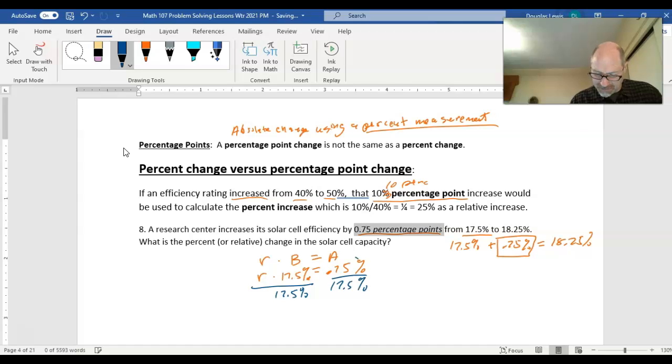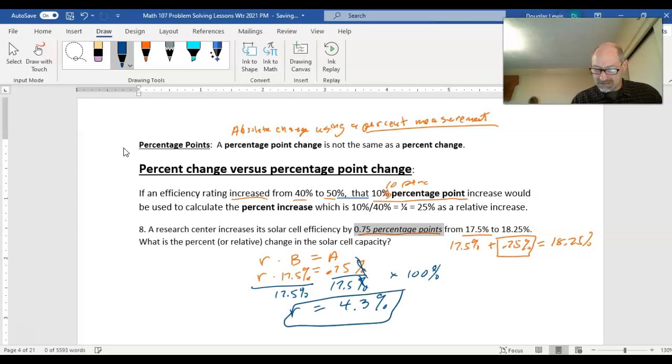I want you to notice what happens here. The percents reduce out. And we're left with R is equal to 0.75 divided by 17.5. Now we're going to have to convert this to a percent, so we have to multiply that by 100% because we lose our percent signs here when we reduce it. So we get 0.75 divided by 17.5, and that is 0.043, and if you round off to the nearest tenth, that's going to be about 4.3%.